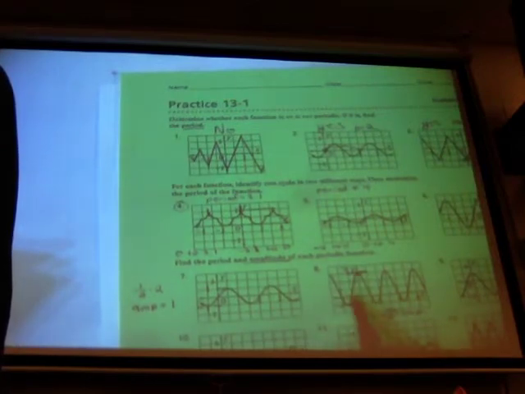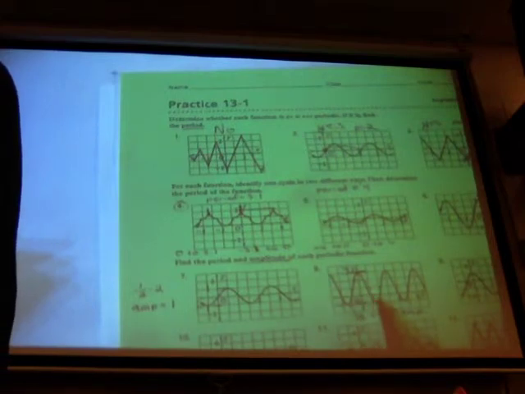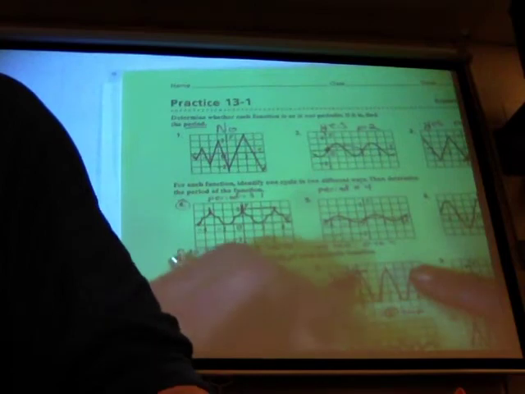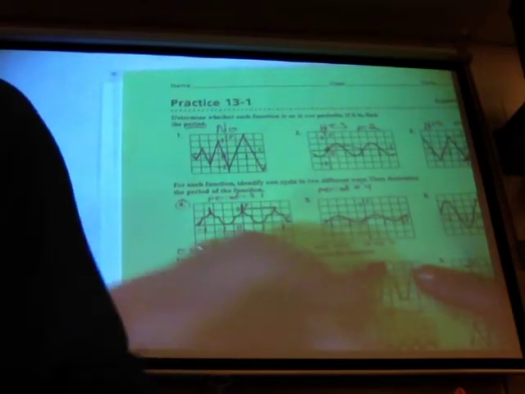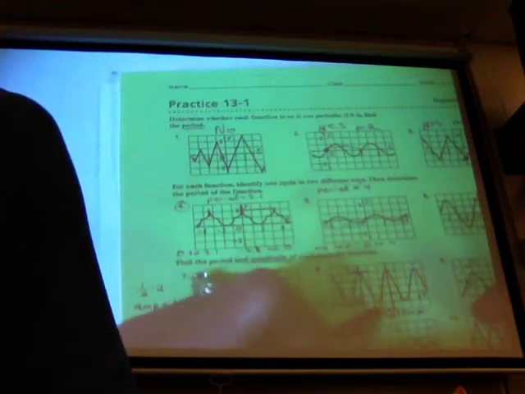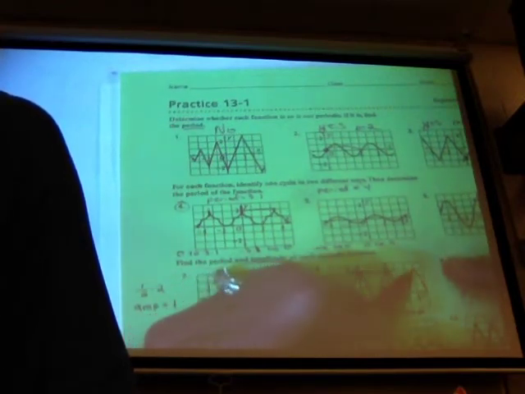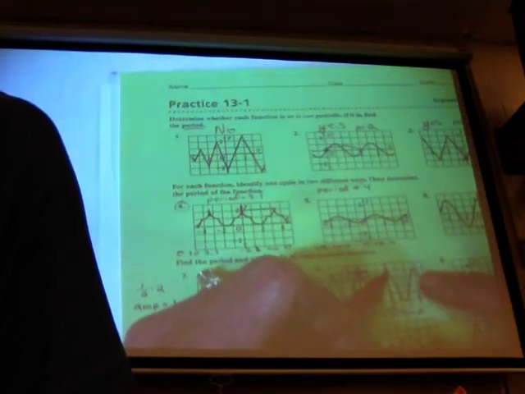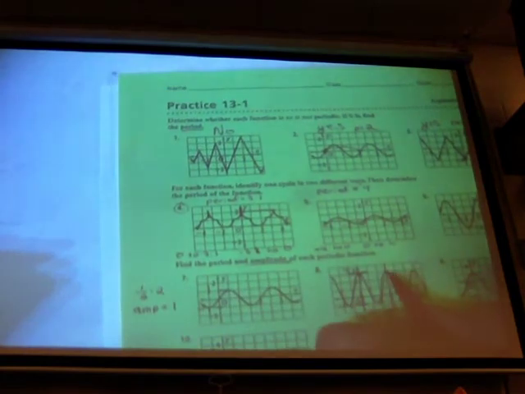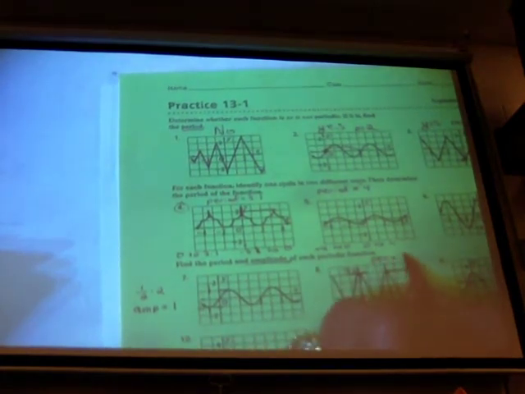If I start at 0, it's going to go to there, right? My period is from this point to this point. What is the length of that? 3. You could have chosen from here to here also, 3 to 6, if that makes more sense to you. Still, what is the horizontal length? The period is 3.